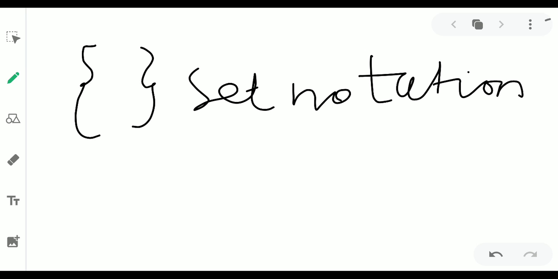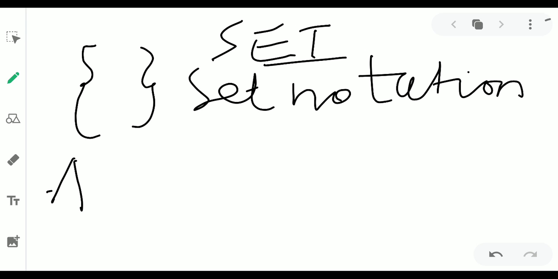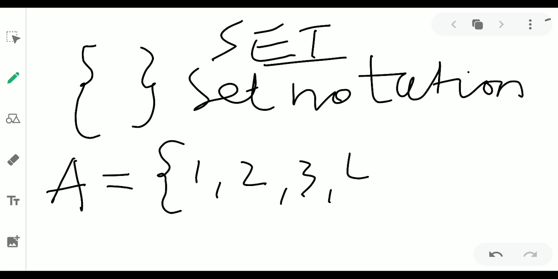So if I want to represent a set, for example set A, I'll put it in this form. Set A has members 1, 2, 3, 4.